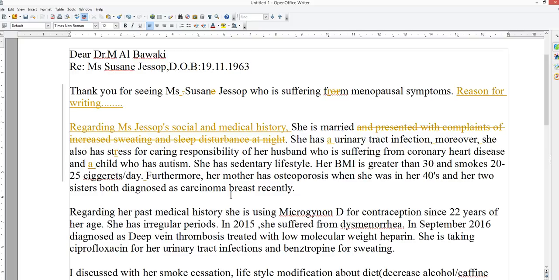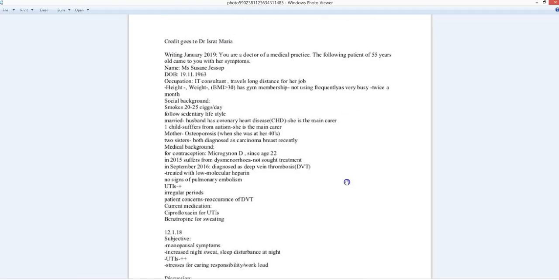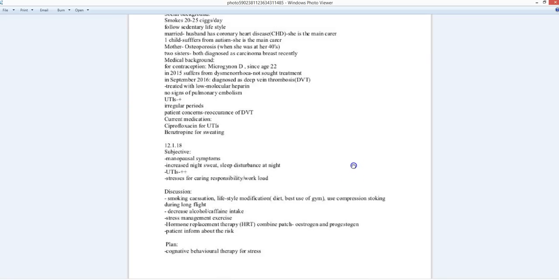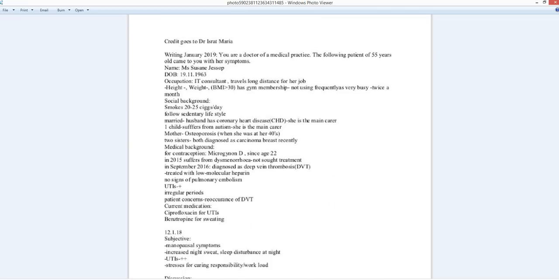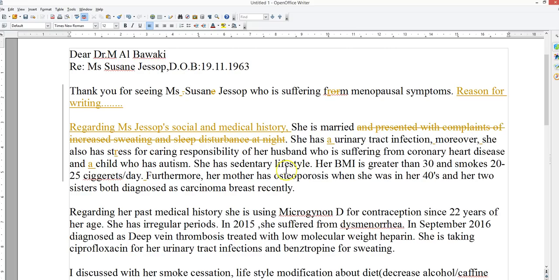You can mention it, because in the case notes it says something about suffering from stress, caring responsibility. So I would include it because that will help to fill out or complete the story.